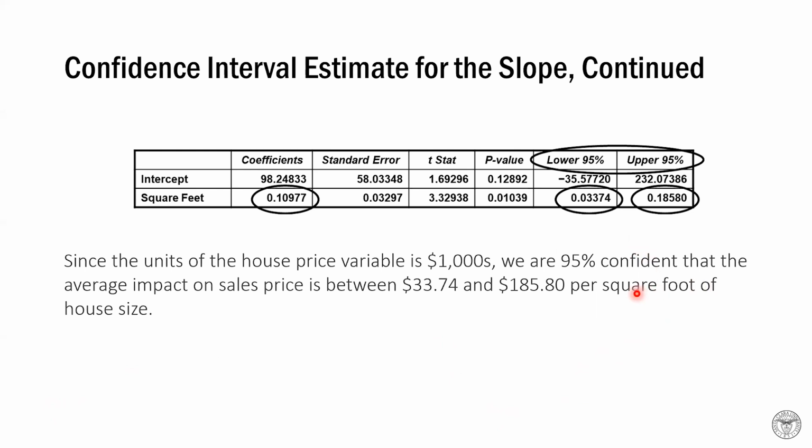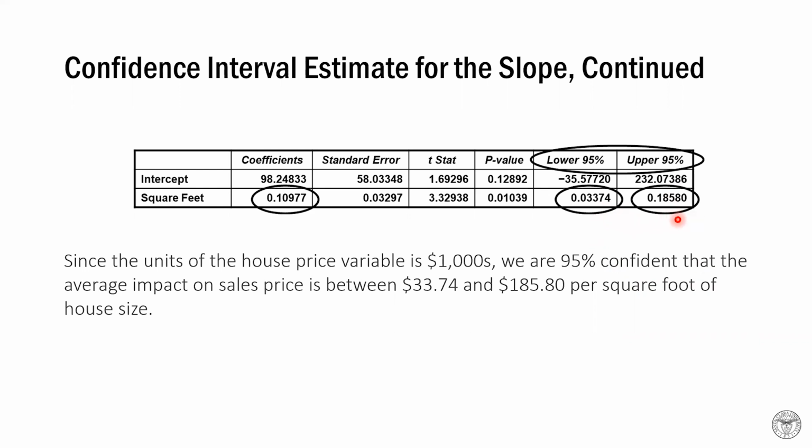We can also draw additional information from the confidence interval. For example, given that the unit of the house price variable is $1,000, we are 95% confident that the average impact on sales price is between $33.74 and $185.8 per square foot of house size.